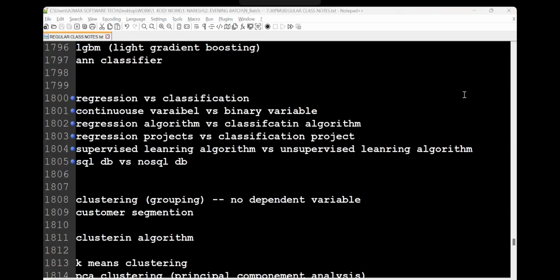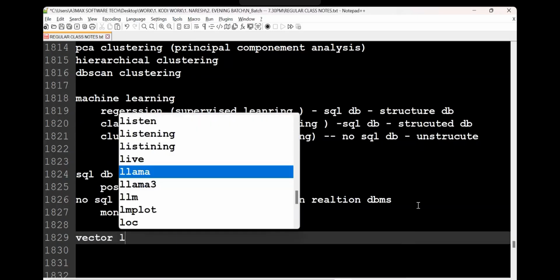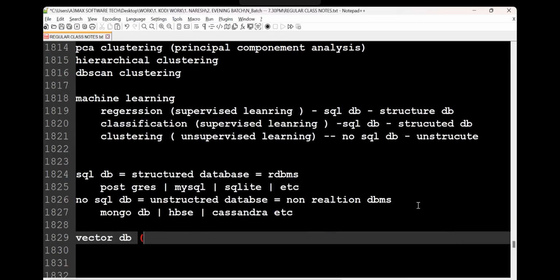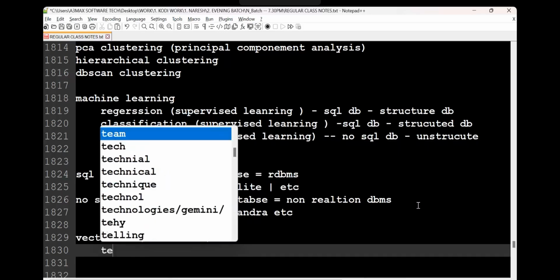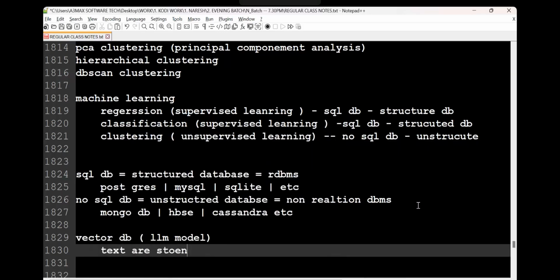Everybody. So which type of company? Do we build a large language model or not? LLM models, the large language models, use a vector database where the text is stored in vectors.